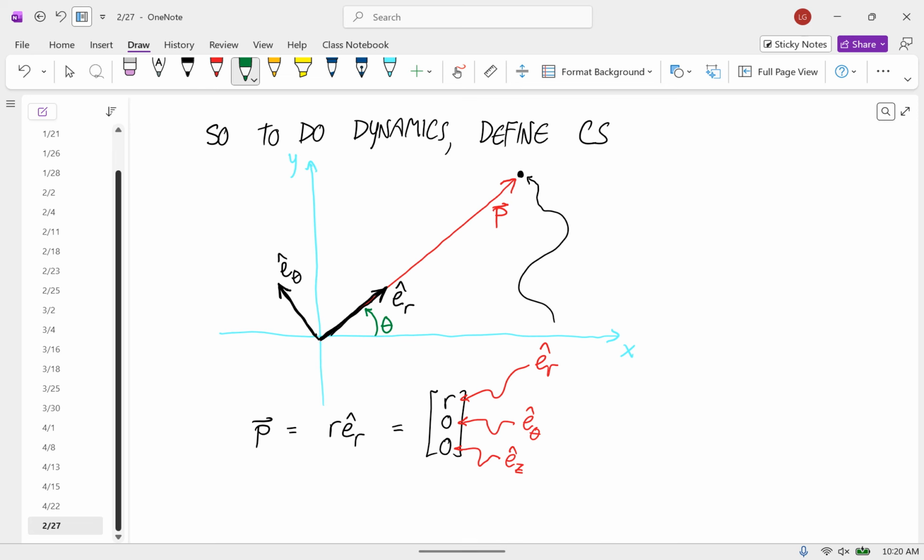Okay, so the position vector is always just r, 0, 0. But theta is this underlying rotation between our reference fixed coordinate system and our rotating coordinate system. And notice that this is a rotating coordinate system because as this particle moves around, that theta is changing.